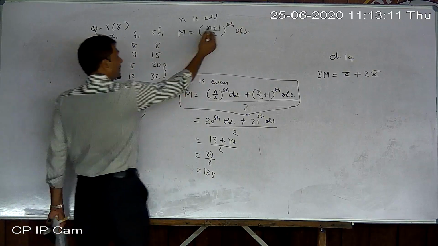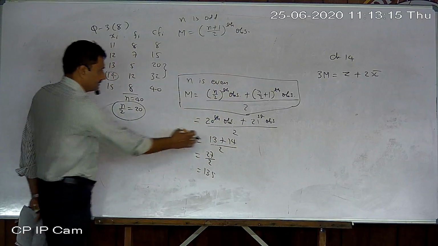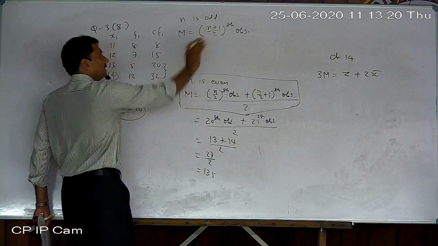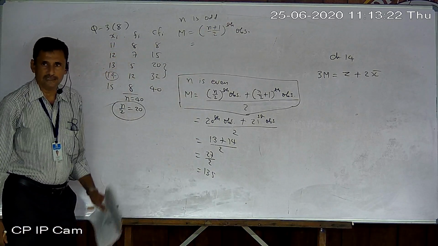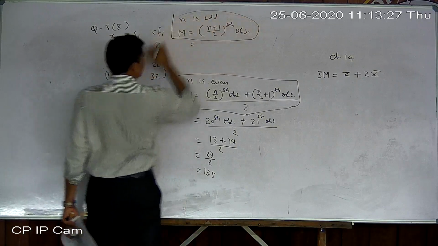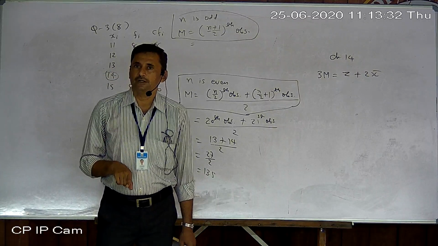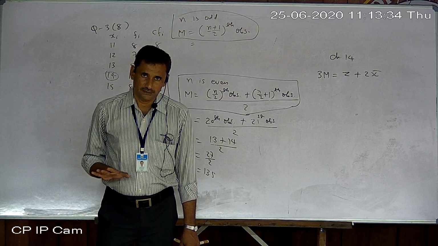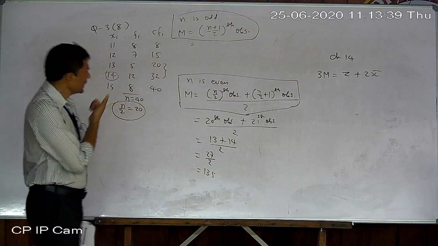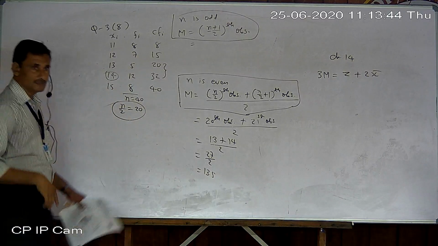So first add 1, then divide, and take only that observation, not an average. Only one number is there, so you can get the answer directly. These two are the formulas for finding the median whenever there are no classes, meaning discrete, not continuous data. So solve these types of data differently from other ones.